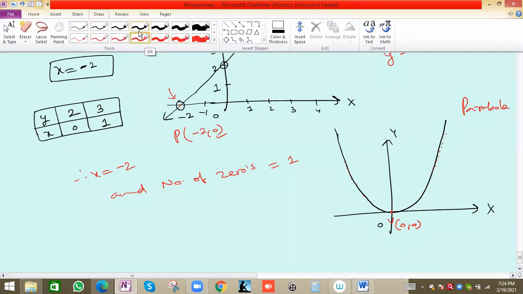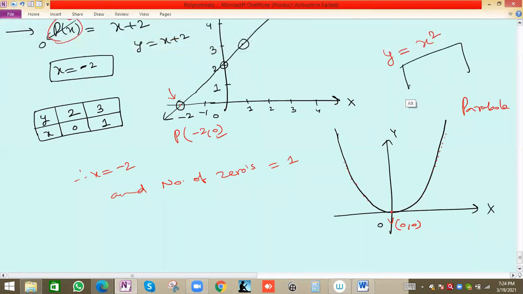And how do we get the graph? Same process as we plot a line, but in this case a curve is there, so we take more points, 4-5 points. So x, y: at the vertex we get (0, 0), then (1, 1), (2, 4), then (-1, 1), then again (-2, 4).